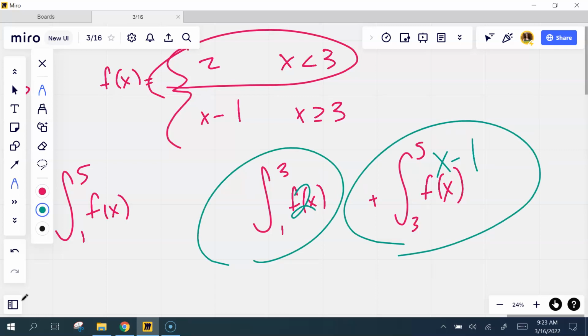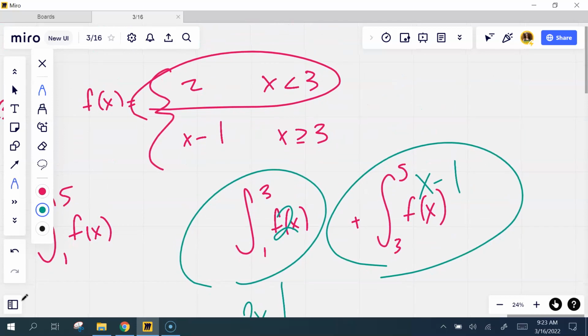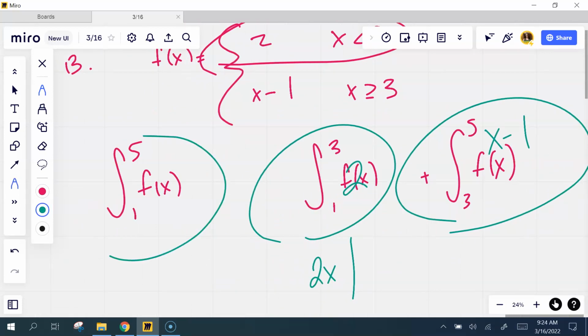This one would be 6. Well, but then you have to find the antiderivative, right? So this would be 2x. Which one goes from 1 to 3? This is when x is less than 3. This one when x is bigger than 3. So I had to split it up into 2. I can't just straightforwardly find this integral because f is different as I go through this interval.